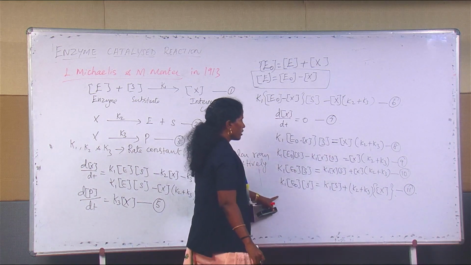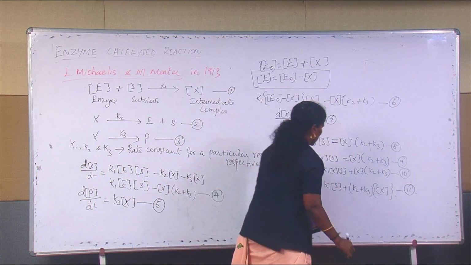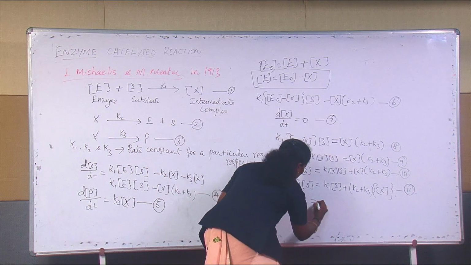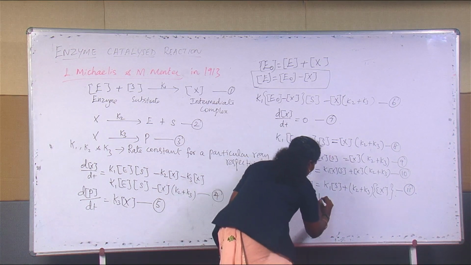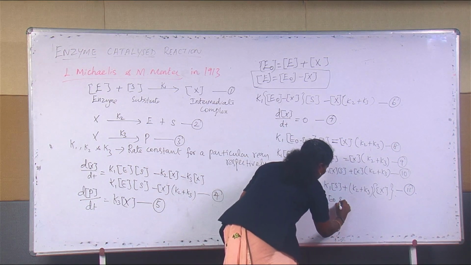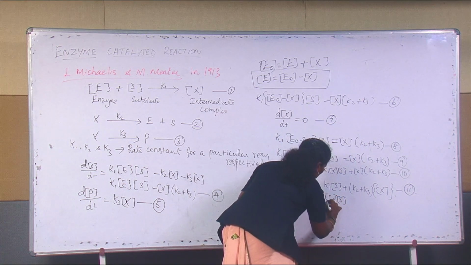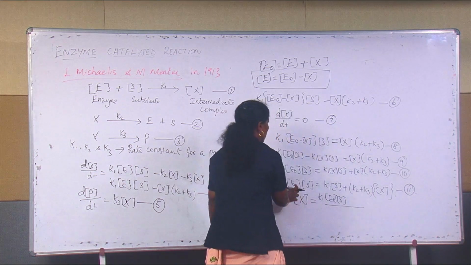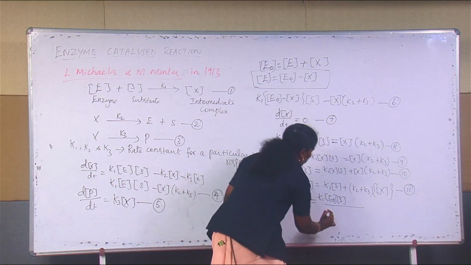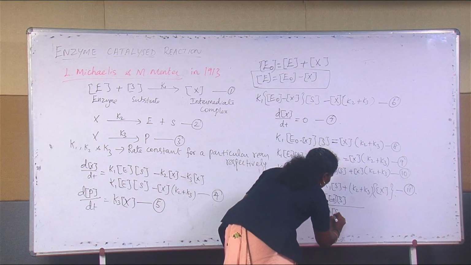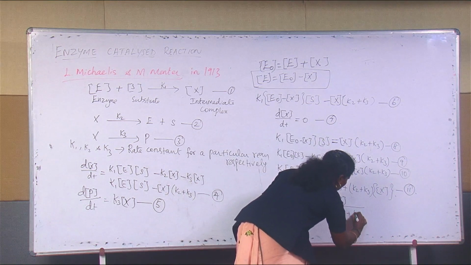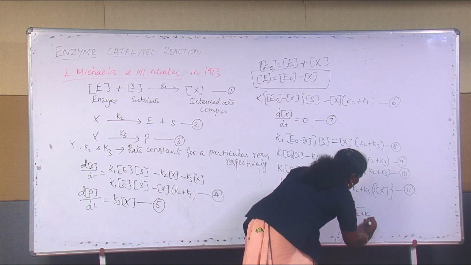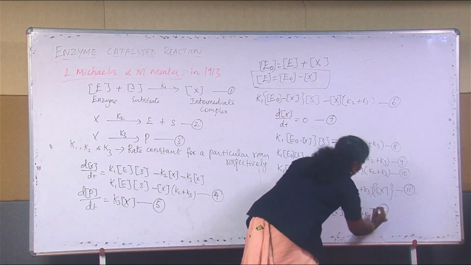From that, we can write X equals K1 E0 S divided by K1 S plus K2 plus K3, with the bracket coming into the denominator. This is equation number 12.